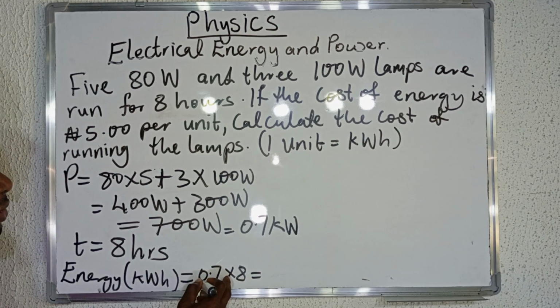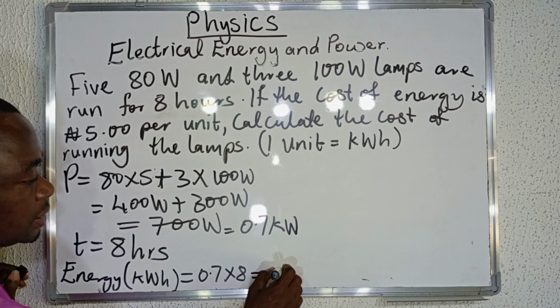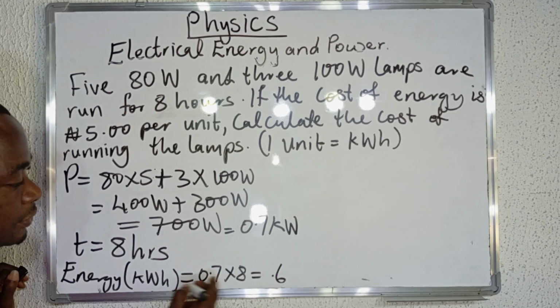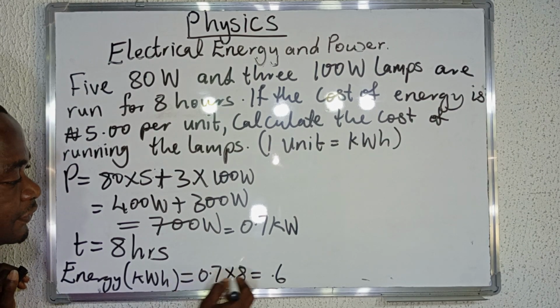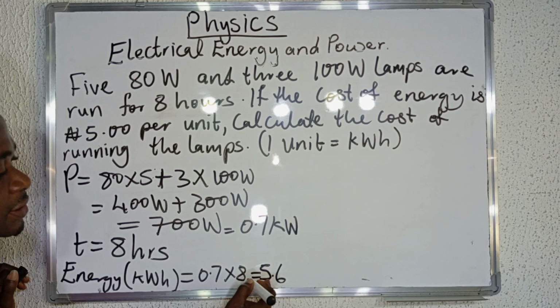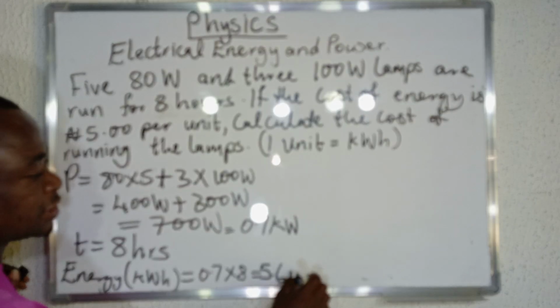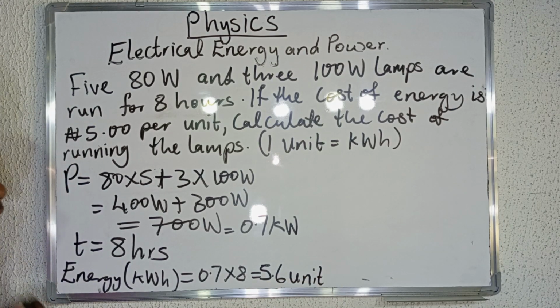That will give us 8 times 7 is 56. Write 6, carry 5. 8 times 0 is 0, plus 5. That is, this circuit is consuming 5.6 units every 8 hours.